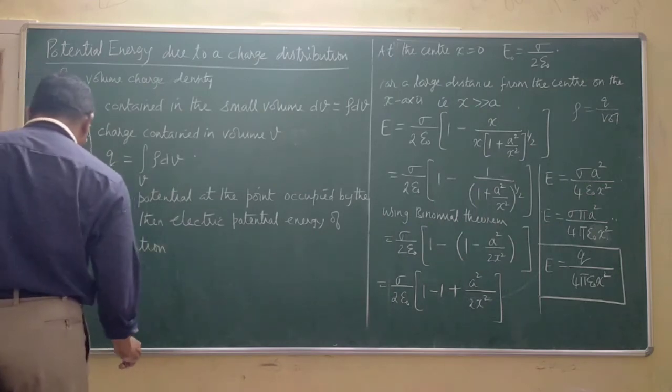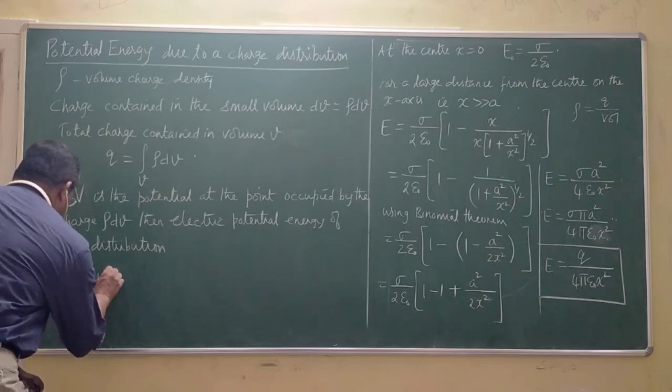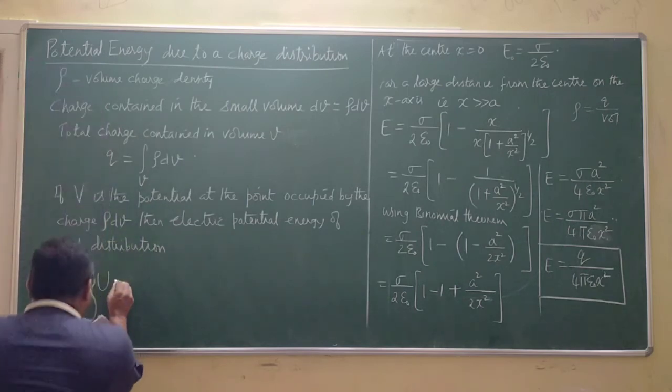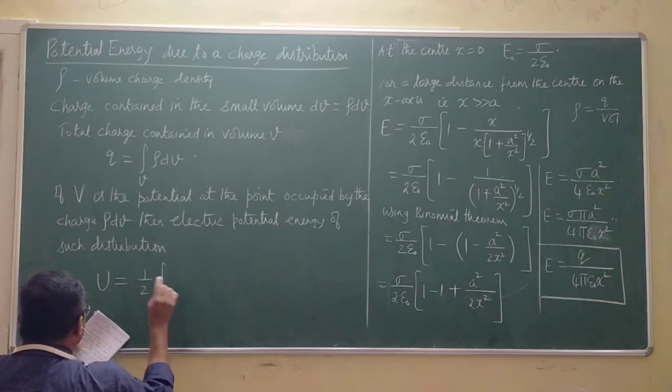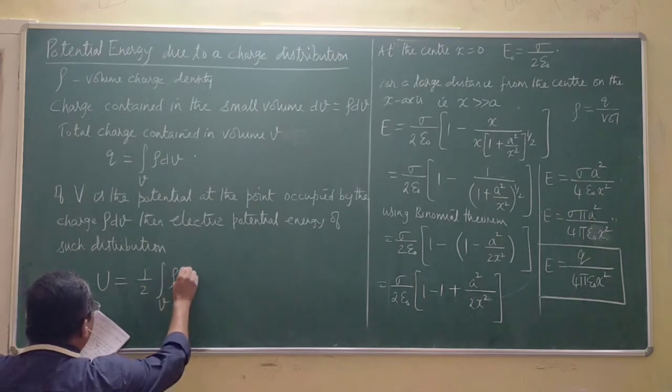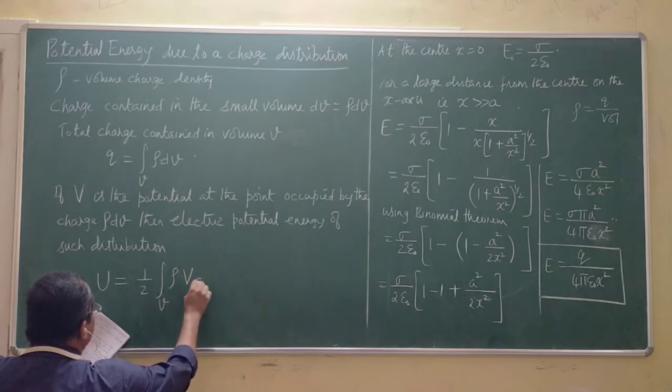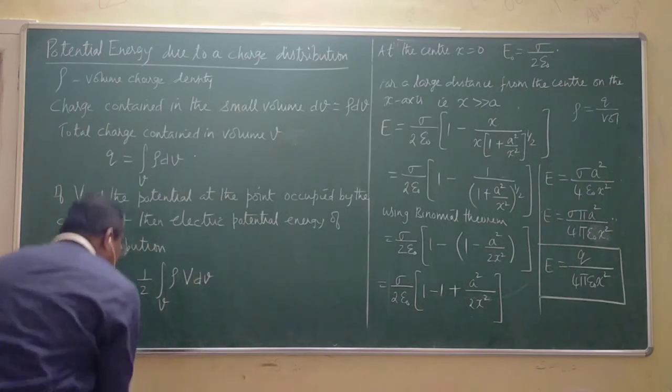What is that? Potential energy is denoted by letter U, is equal to half integral over the volume V, rho, capital V for potential, into dV for volume.